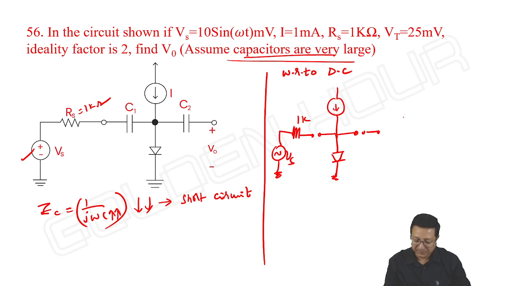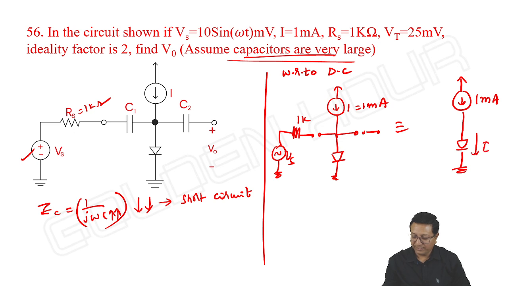Okay. So it is further written like, it is I, whose value is 1 milliampere. For the sake of students, for better understanding, I am writing it so. What is IDC? Its value is 1 milliampere.